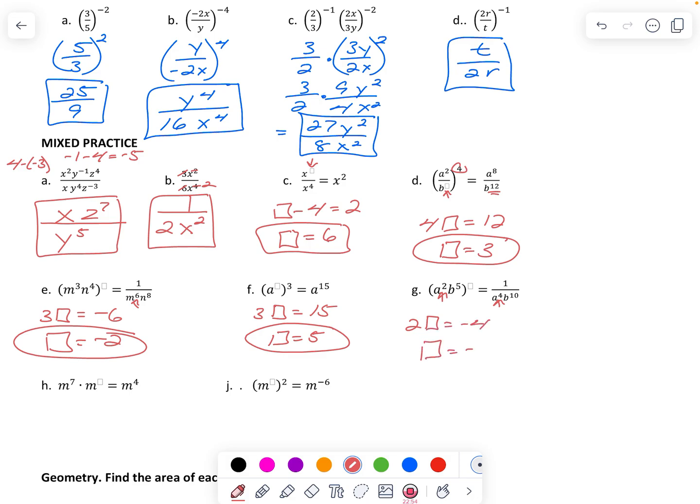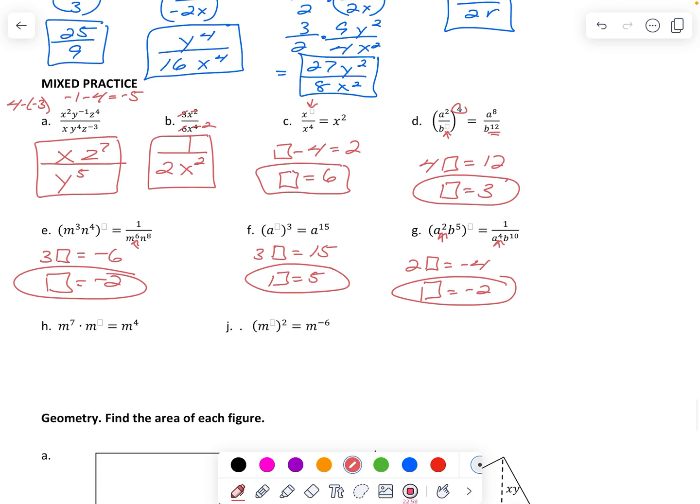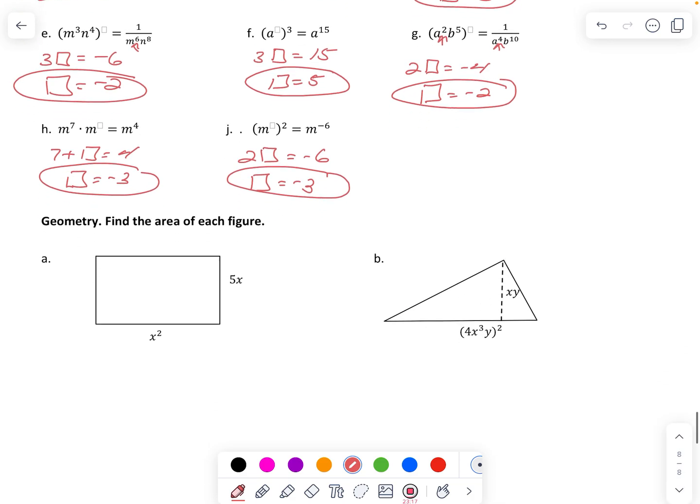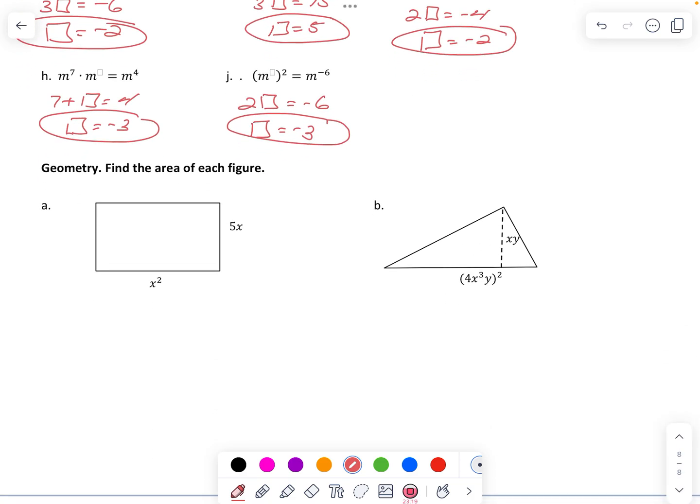So box is negative 2. Here we're adding the exponents. So 7 plus box equals 4. Looks like box is negative 3. And here 2 times box equals negative 6. Box equals negative 3.